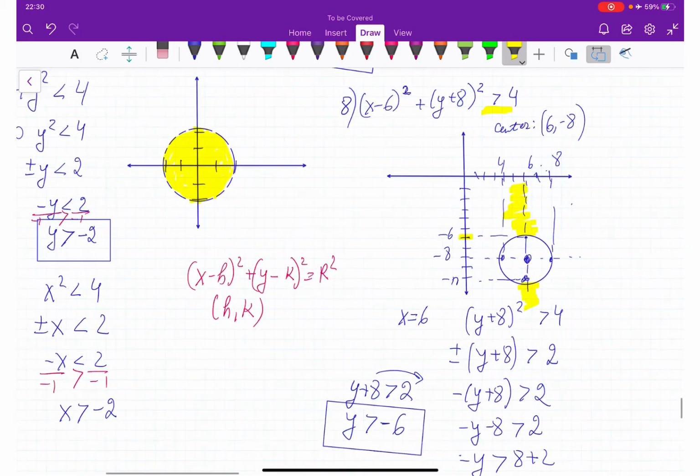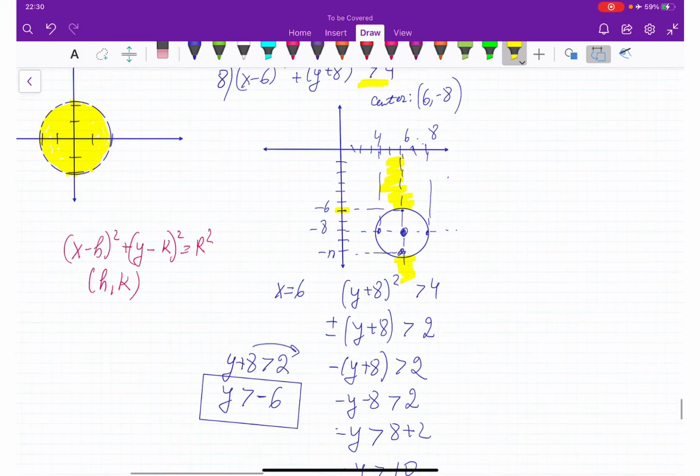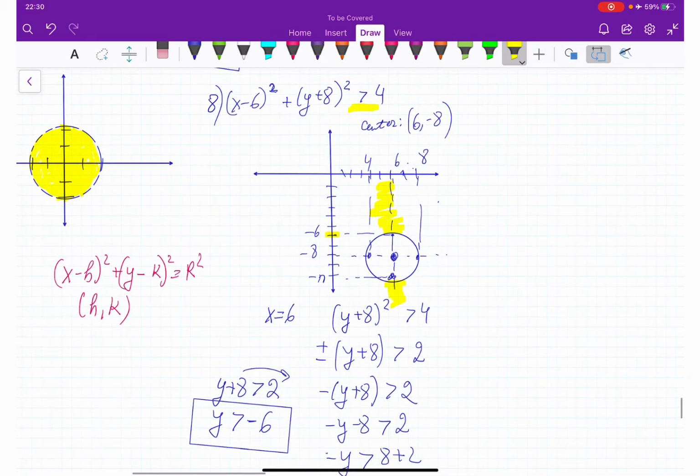Now let's take a guess. If I change the value of y, make it 0, it will be 0 when y is equal to negative 8, yes? If I put negative 8, negative 8 plus 8 is going to be 0. Therefore, I will have x minus 6 squared greater than 4, so plus or minus x minus 6 is greater than 2.